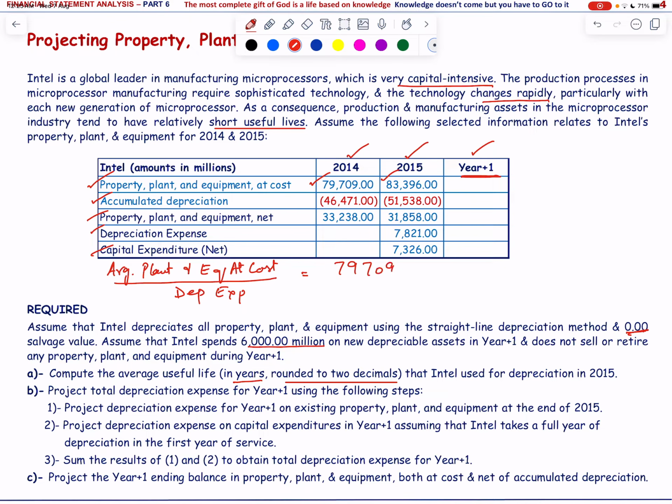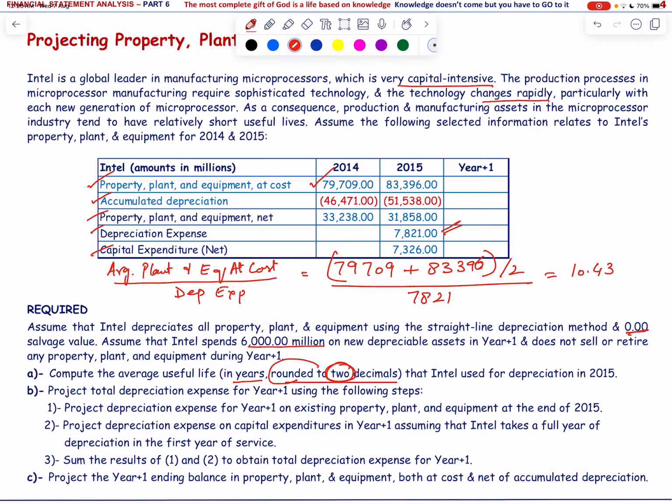Now average plant and equipment at cost will be 79,709 plus 83,396, and because this is average we have to divide by 2, and this will be divided by the depreciation expense, that is 7821, and because it has to be rounded to 2 decimal places, this will be equal to 10.43.